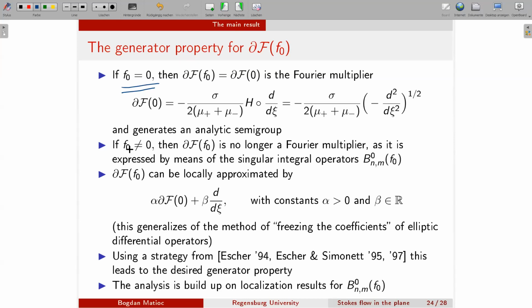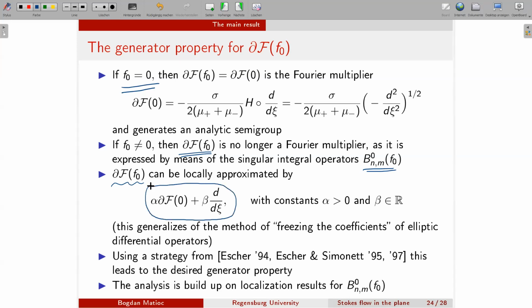However, if f0 is not zero, the Fréchet derivative is no longer a Fourier multiplier, because it's expressed in terms of these singular integral operators B_{n,m,0} of f0. But in order to prove the generator property, what we do is we localize this operator. So we approximate it by Fourier multipliers of this form.